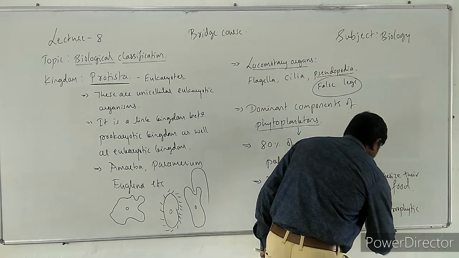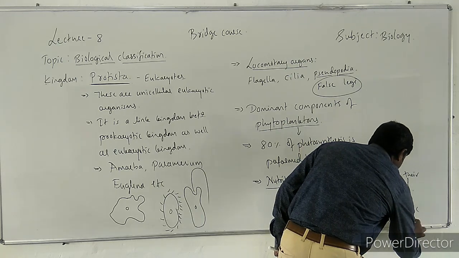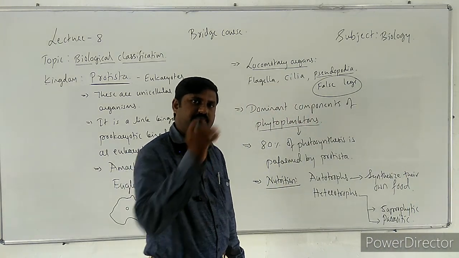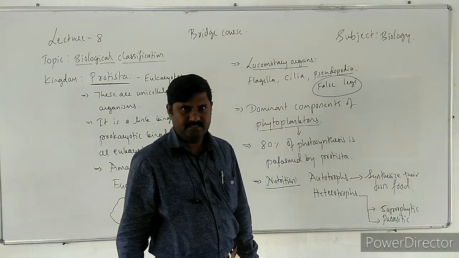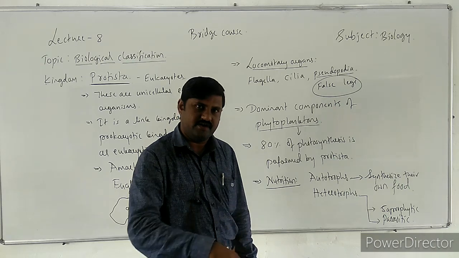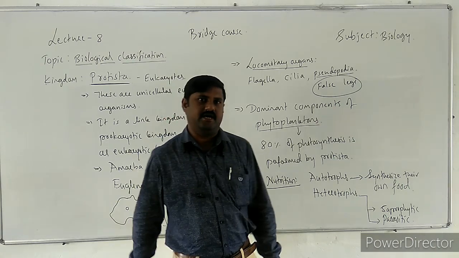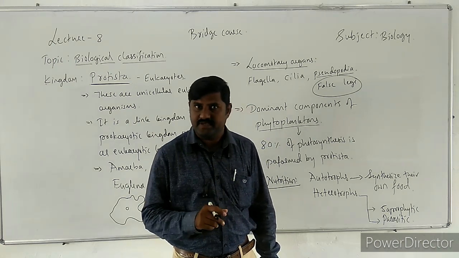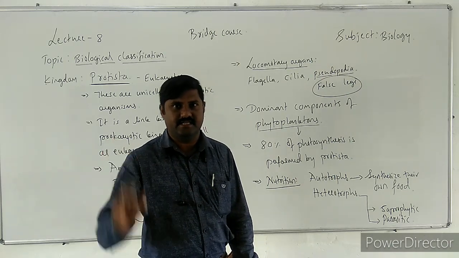And some of them are parasitic in nature. Parasitic in the sense that they depend on other organisms for their food material, so they can live inside the body of other organisms. The best example is Entamoeba histolytica, which lives inside the body of the human being and causes amoebiasis or amoebic dysentery.